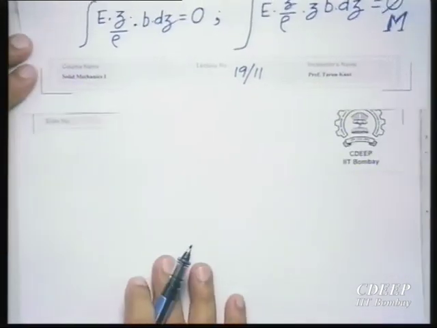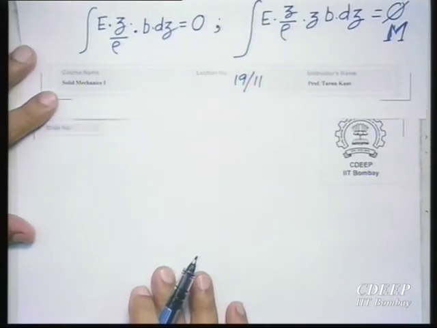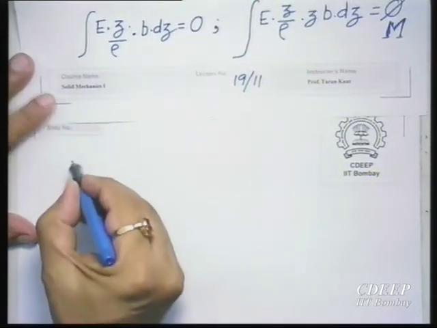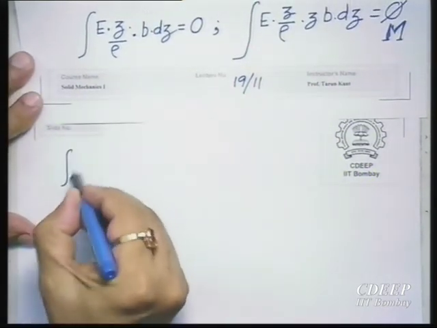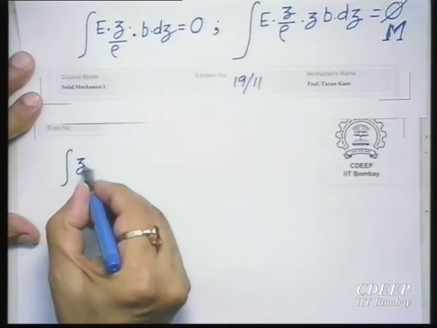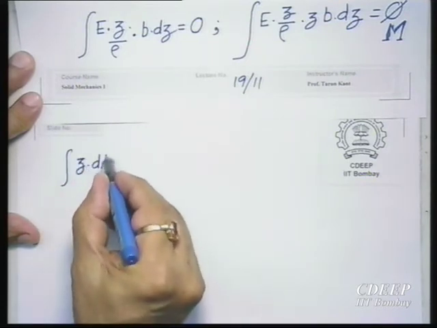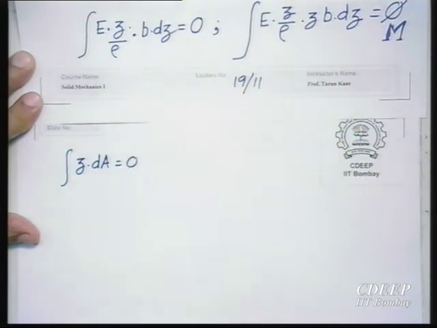So from the first one, the integral of z times dA is 0.